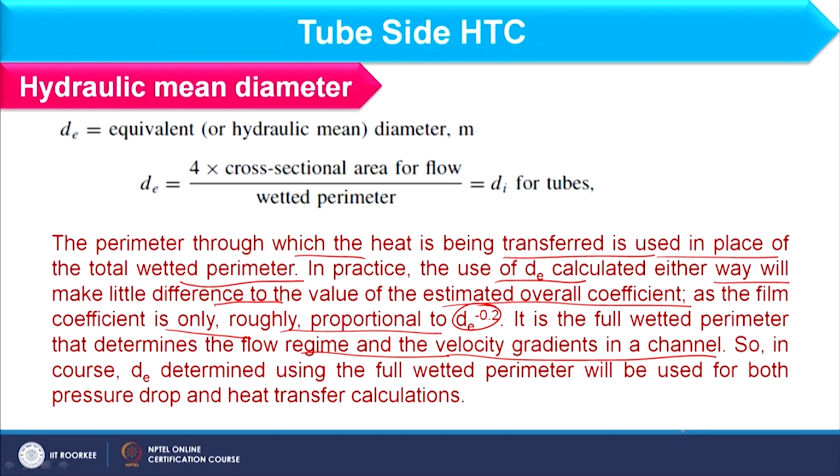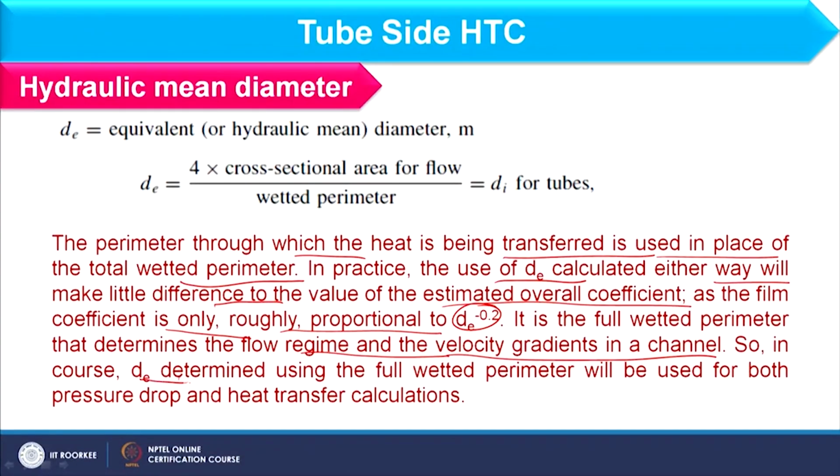So, instead of considering any other perimeter, we should consider the fully wetted perimeter. And so, in this course also dE determined using the fully wetted perimeter will be used for both pressure drop as well as heat transfer calculation. So, in this case we are using di as the equivalent diameter, because I am considering the fully wetted perimeter.